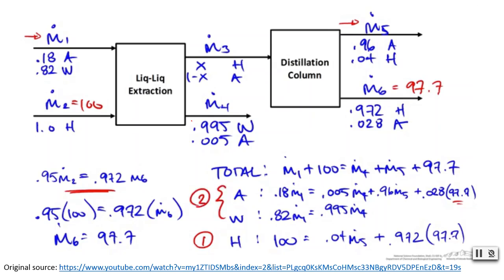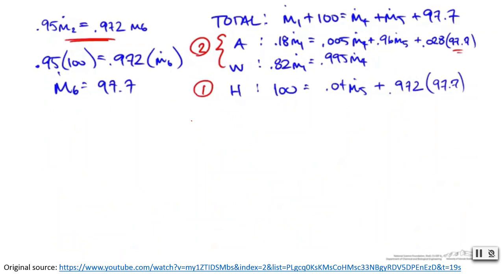So I'll pick the acetic acid and the water balance. So solving the H balance first to solve for M5 gives a value of M5 equal to 125. Once we know M5, we can calculate M1 and M4 by solving the acetic acid and the water balance simultaneously. I won't go through that algebra, but we'll just provide the answers.